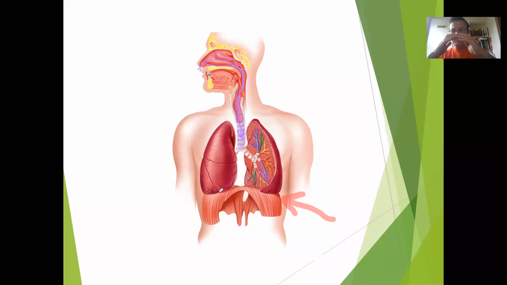When it contracts, it moves down about that much, tiny amount, as your stomach goes forward. As it does that, it draws air into the lungs. So our diaphragm, the primary muscle of breathing, is right underneath those lungs.